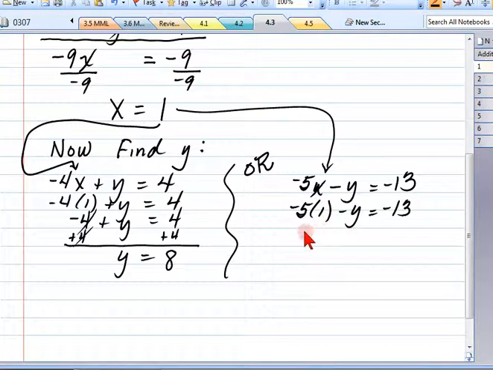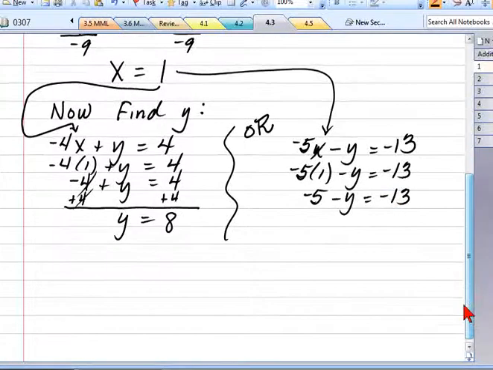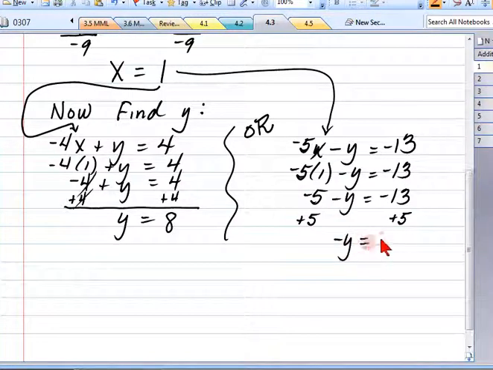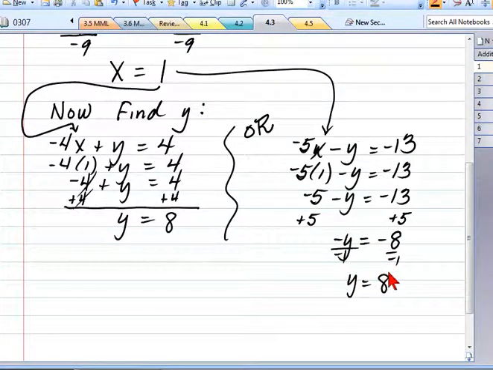Negative 5 times 1 is negative 5, minus y is negative 13. What am I going to do to solve? Add 5, add 5. I have negative y is negative 8, but that's not finished. Divide by negative 1, and y is 8. Did I get exactly the same answer? Yes.